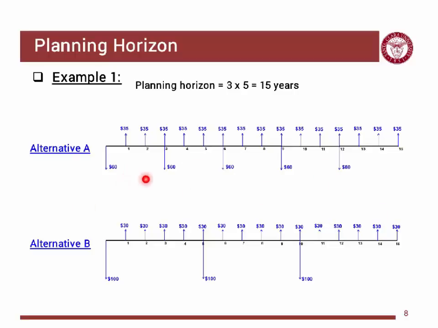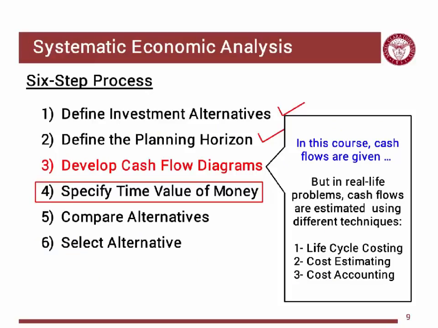So you will keep the equipment, if it is an equipment, buy a second one, a third one, a fourth, a fifth, and then you end up at the end of your planning horizon. While for alternative B equipment, you buy it once, throw it away, buy another one, a second one, and then a third one, and you end up with the same planning horizon. So that's the simple idea of the least common multiple between alternatives.